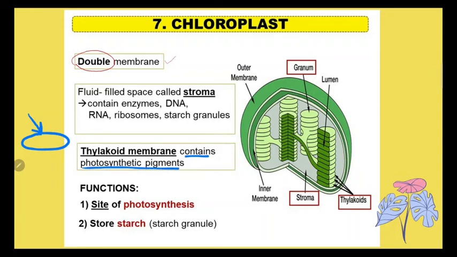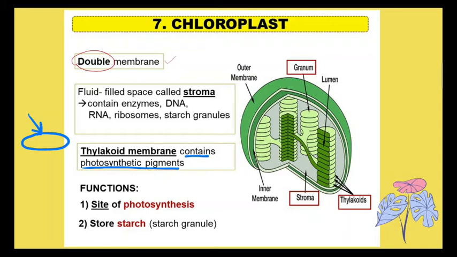So all the photosynthetic pigments present in thylakoid membrane, causing the thylakoid membrane to be a site for light-dependent reactions in photosynthesis. Because there is a lot of chlorophyll found in thylakoid membrane, thylakoid membrane is a site for light-dependent reaction.